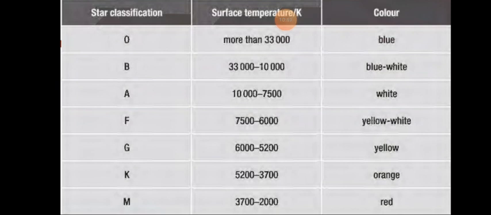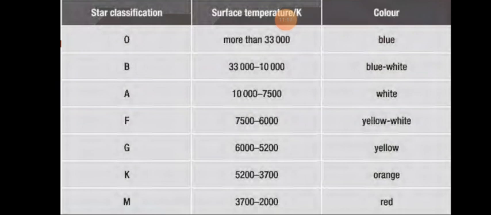It's based on the surface temperature and color. So O is the hottest star. The color of the star is always blue. B comes next, it's blue and white in color. Then A, it's white. F is yellow white. G is yellow.